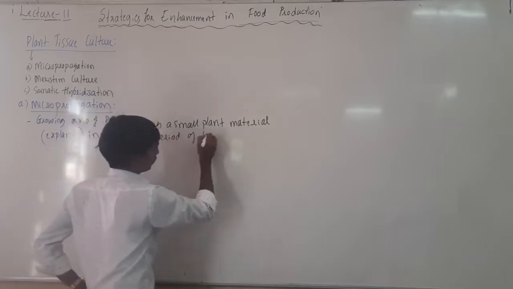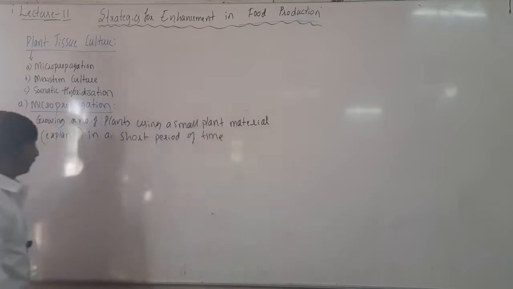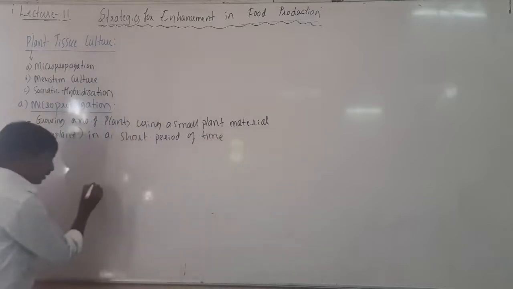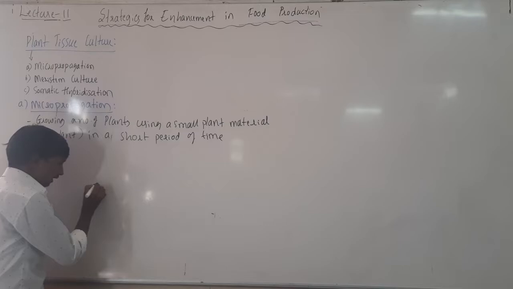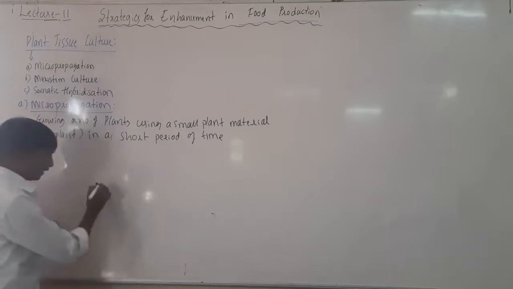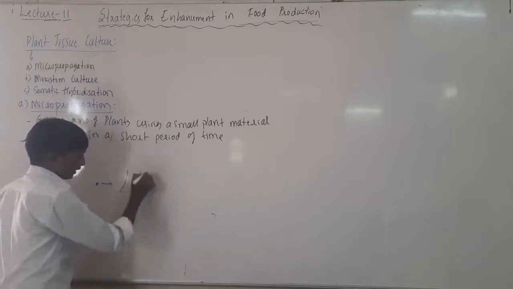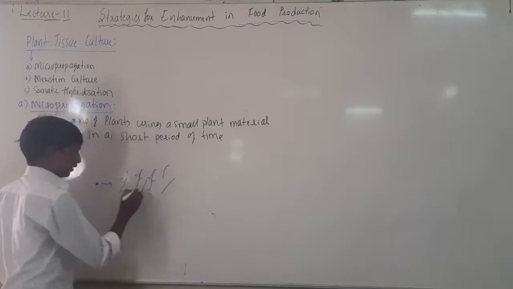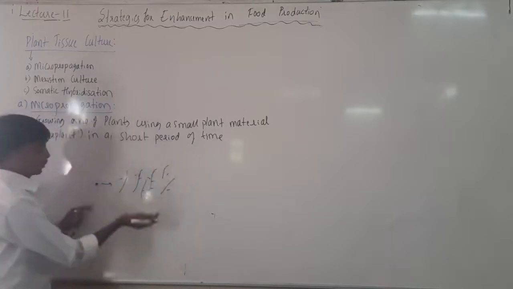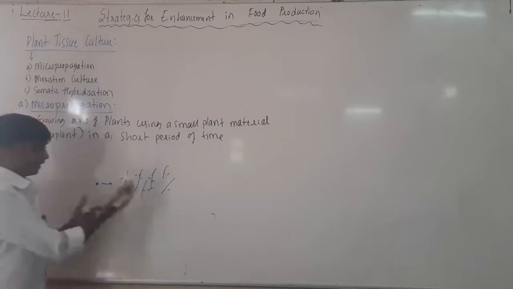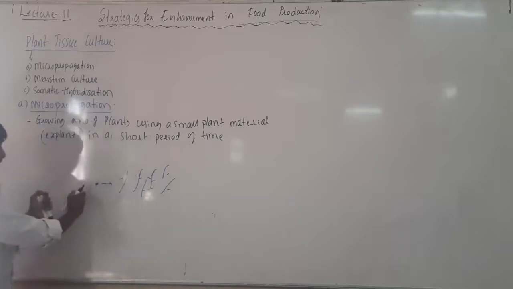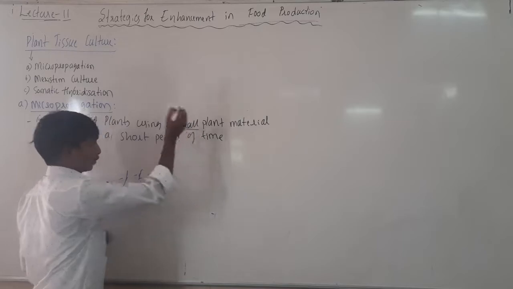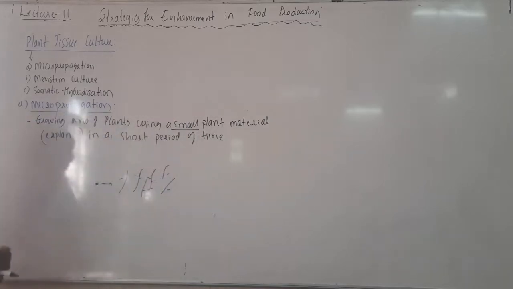Simply taking a small plant tissue, with that we can develop many plants. So micropropagation is propagation of many plants using a small part. The word micro is only for the small plant material.